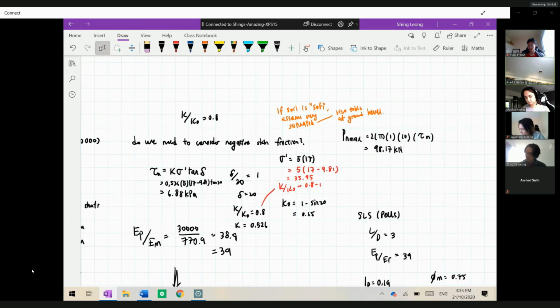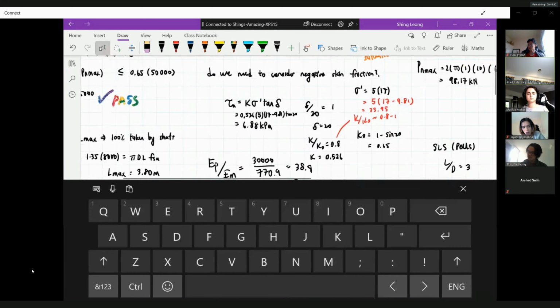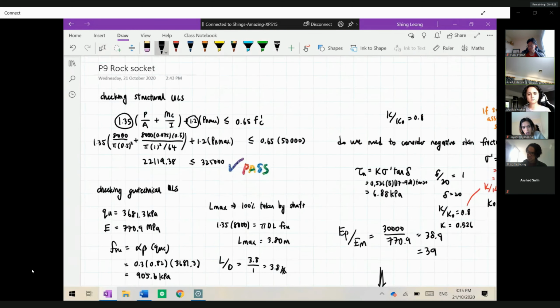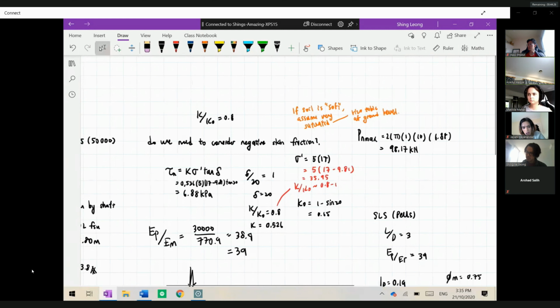Then you know now how to apply that ULS, structural ULS. So you go back to your Pmax here, twice pi d, if you can get the total value over there. If we assume D is the unknown, the total load will just be... you assume maybe 1 meter.